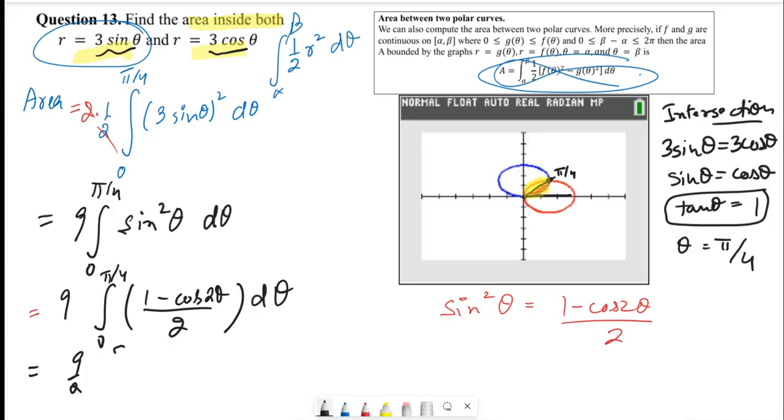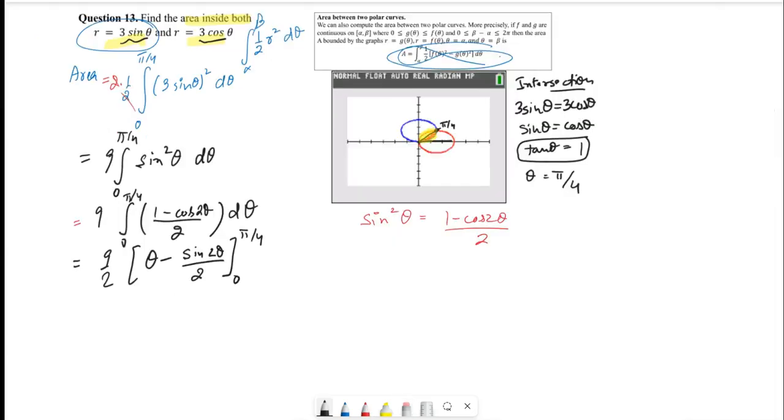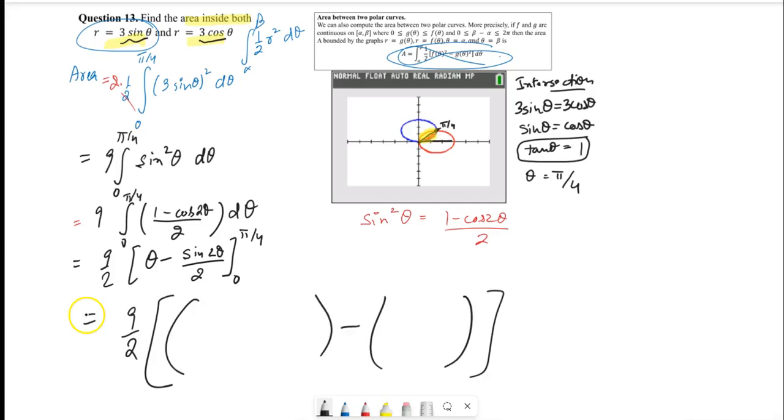Integral of 1 is theta minus integral of cosine is sine 2 theta by 2 from 0 to pi/4. Now all that is left is we need to put the upper limit minus the lower limit. When we put upper limit pi/4, so minus sine 2 times pi/4 by 2. When I put 0, theta is 0, sine 0 is also 0, so everything is just 0.